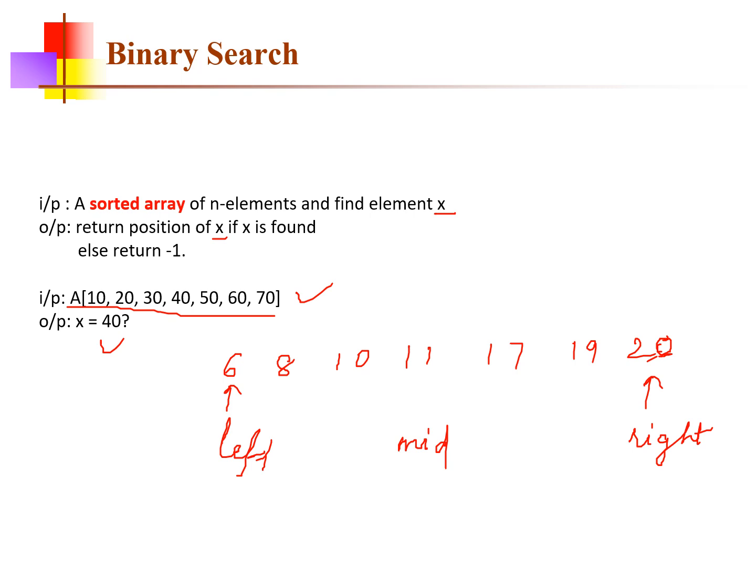So let me discuss in detail. I'm writing the elements again: 6, 8, 10, and then 11, and then 17, 19, and then 20. So the indexes are 0, 1, 2, 3, 4, 5, and 6.